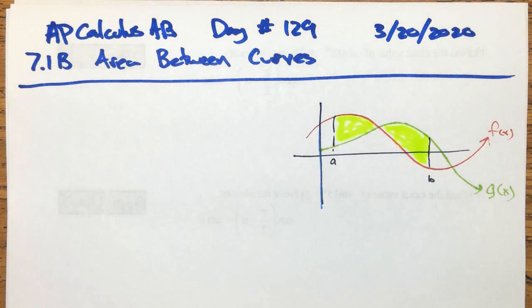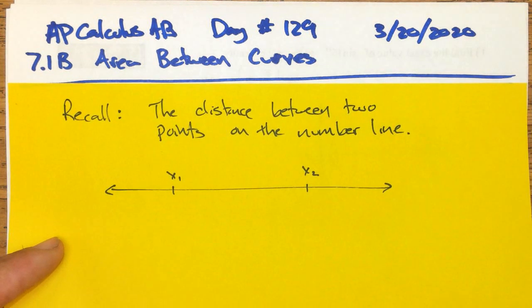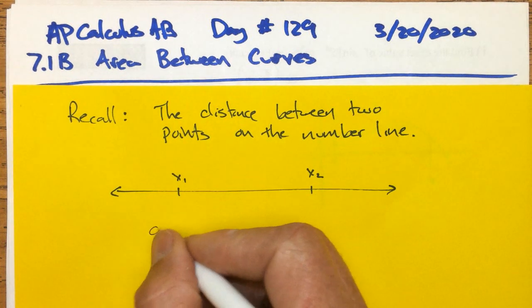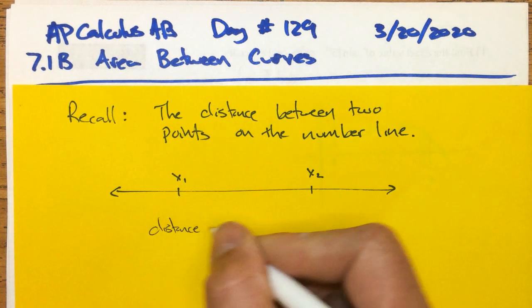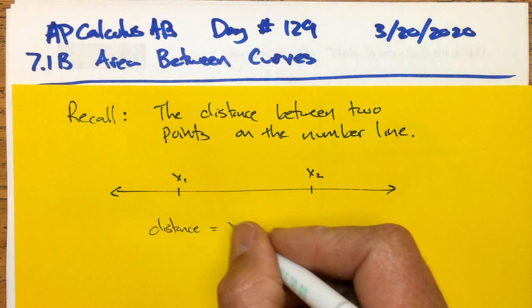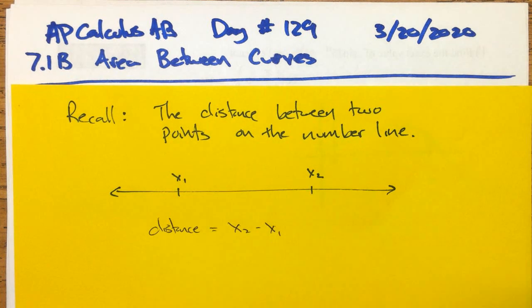Now, before I really get started on this, I should review something that you might already know, like we did in geometry. Recall the distance between 2 points on the number line, x1 and x2. We would always say that distance is equal to x2 minus x1.